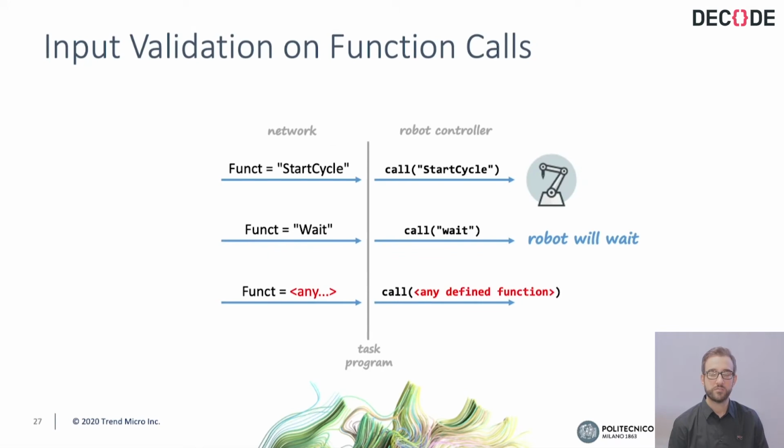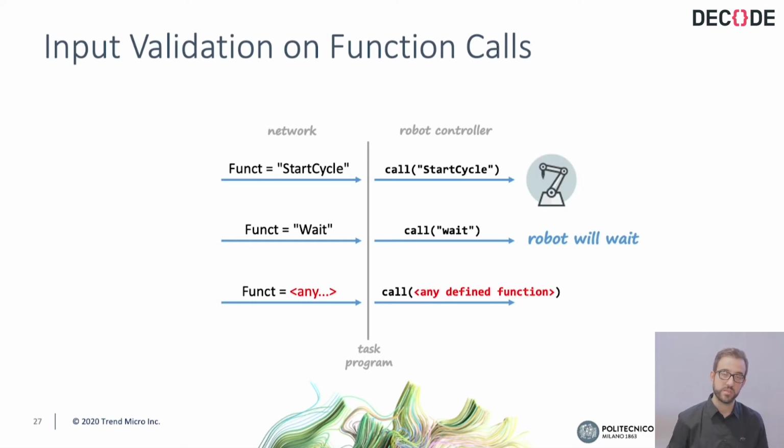Another class of vulnerability that we found is input validation on function calls. If there is automation code that implements function calling with a dispatching routine that is based on external data or attacker-controlled data, that means that the attacker can influence what function will be called.